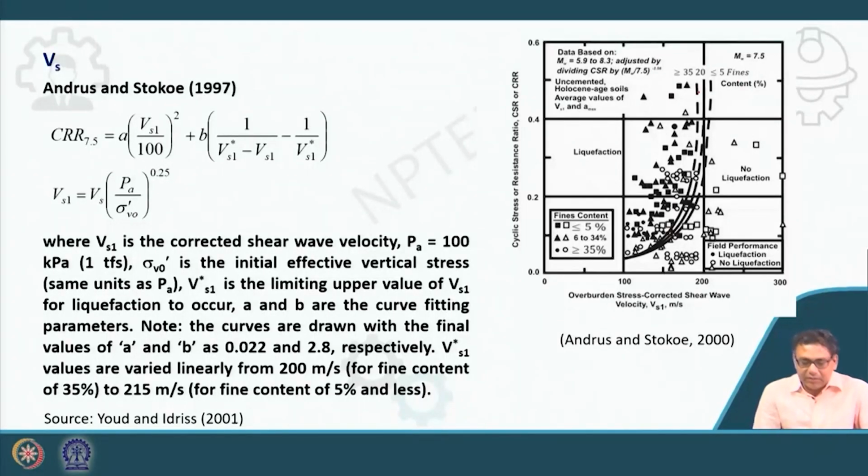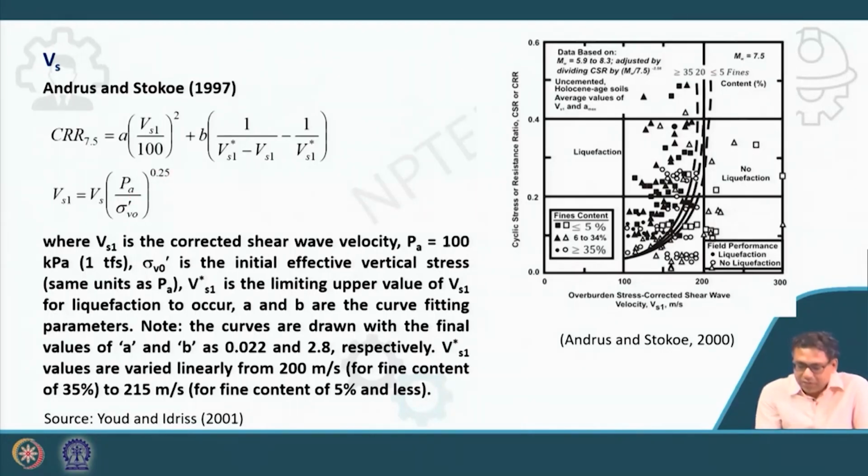Okay. Now this is the equation where you will find Vs1, the corrected shear wave velocity. This 1 means it is normalized by 1 atmospheric pressure. You can see Vs1 is equal to Vs, my raw data, velocity of the soil, normalized by Pa divided by sigma V dash, to the power 0.25.